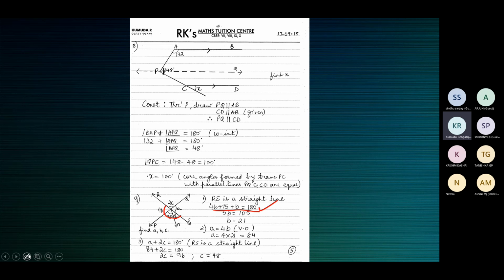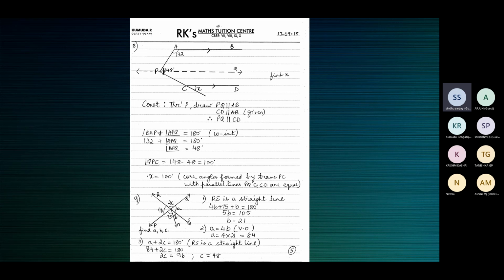So you can make many equations. We made so many equations equal to 180. Who can tell me all the equations equal to 180 here? Ma'am, 4B plus 2C equals 180.